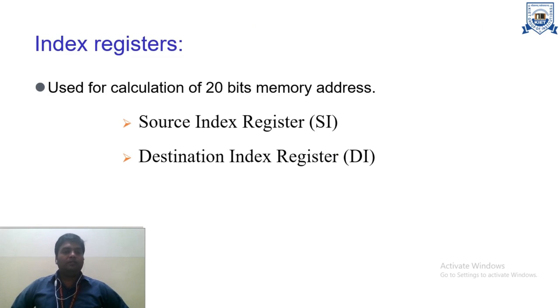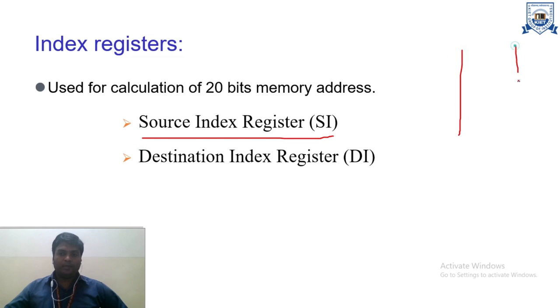In the execution unit, we have some index registers also, that is your source index register and destination index register. When we are talking about memory, memory has different segments, that is the code segment, then we have the data segment, then the stack segment, then the extra segment.